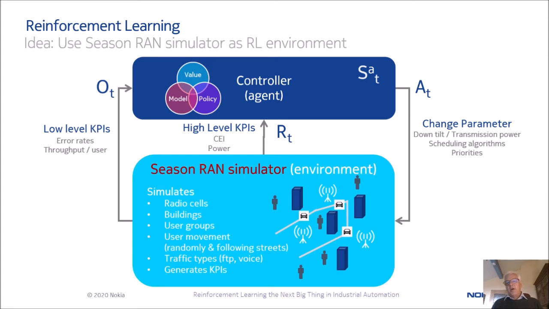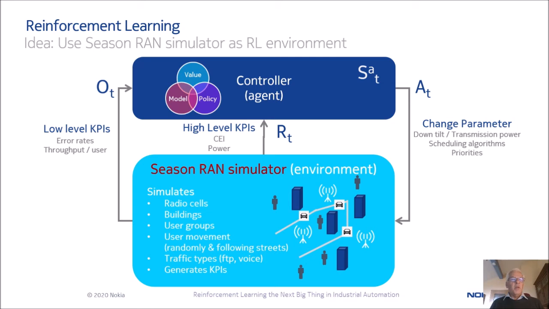And last but not least, the whole simulator generates a huge amount of KPIs, which we can use to generate our low-level KPIs and also to generate reward functions based on these KPIs. Finally, the controller is able to change the parameters of those radio cells: transmission powers, algorithms, and priorities. So this is our whole setup.